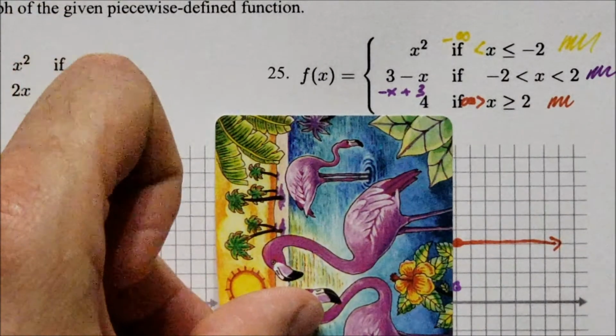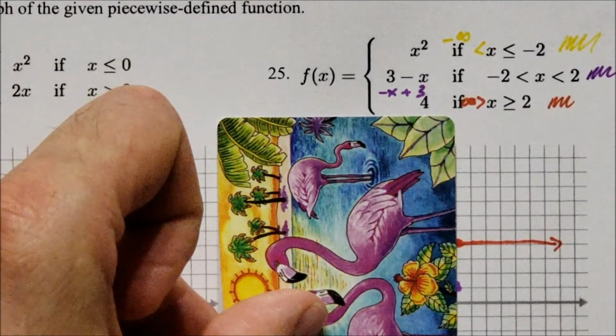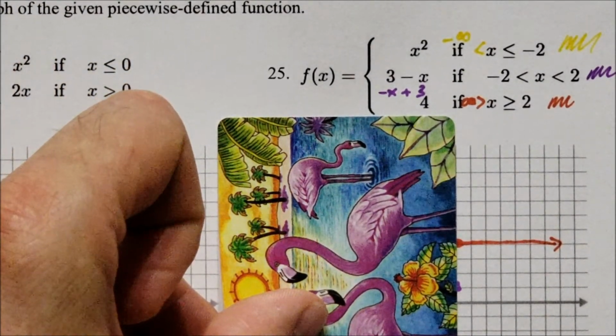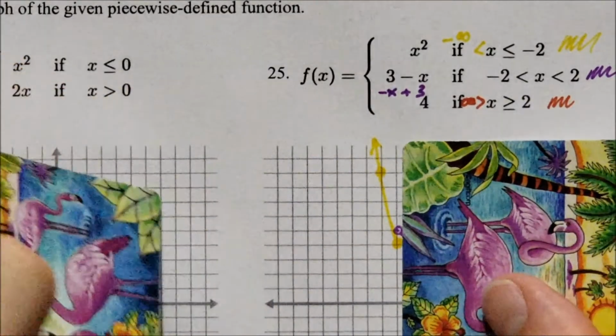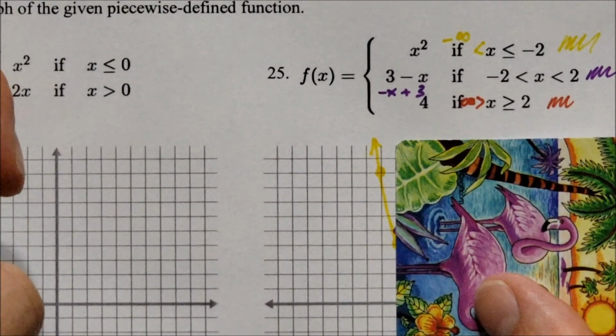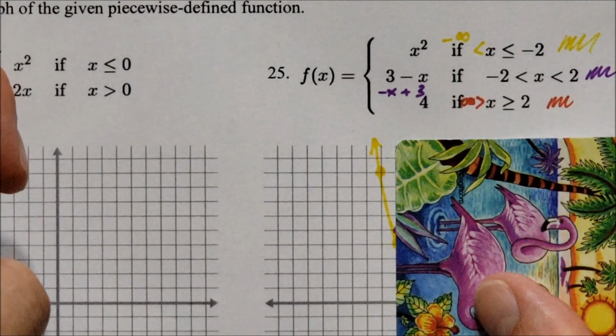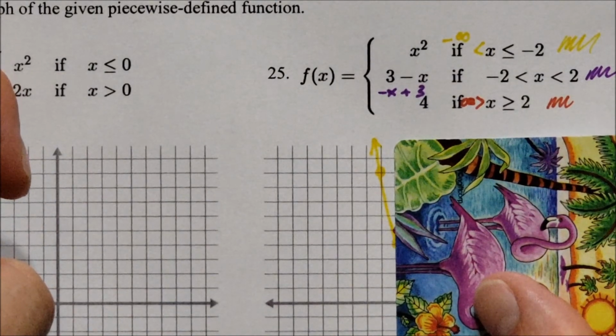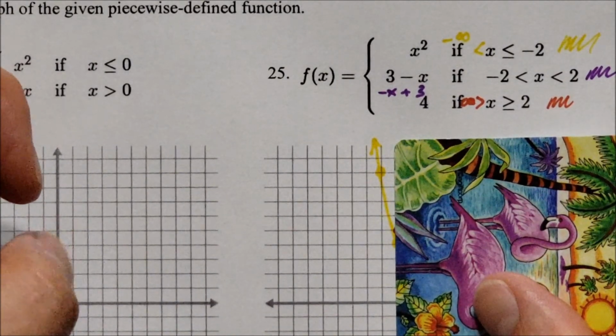If we look at just the constant function 4 and ignoring the others, that is y equals 4. And then if we look at y equals x squared, ignoring the others, just looking at less than -2 on the x-axis or in that domain, that's the function that we would be looking at.